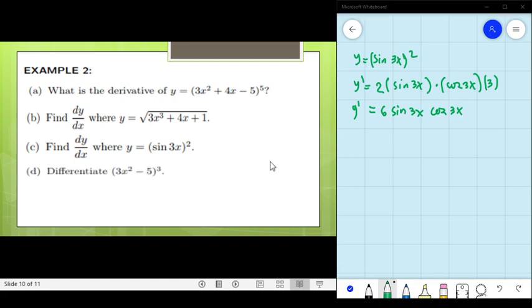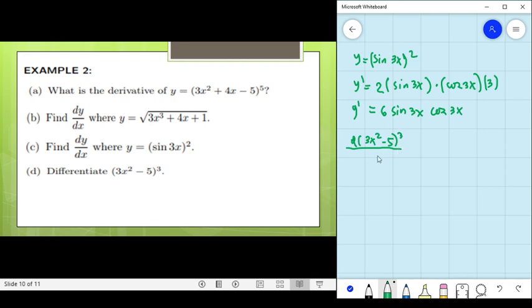letter D. Letter D, we are going to differentiate the derivative of 3x squared minus 5 to the third power with respect to x.